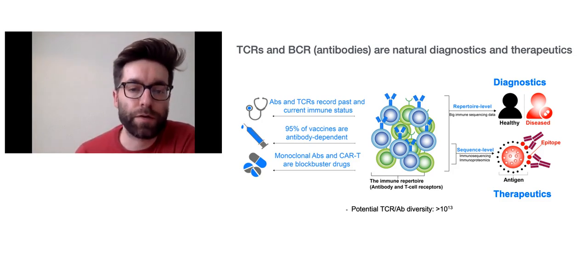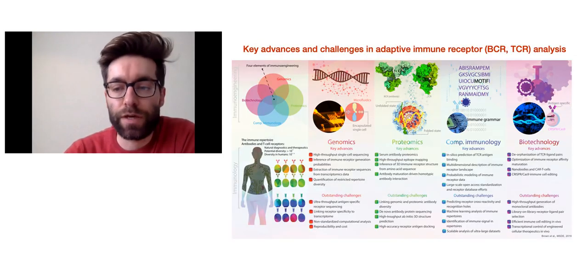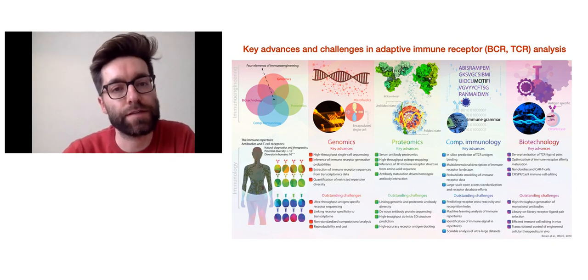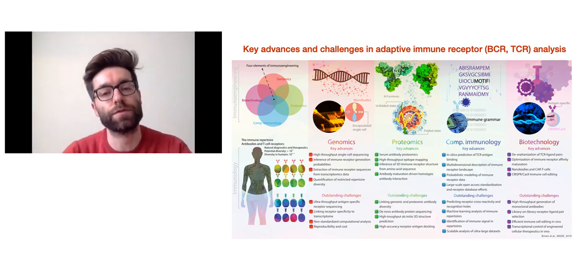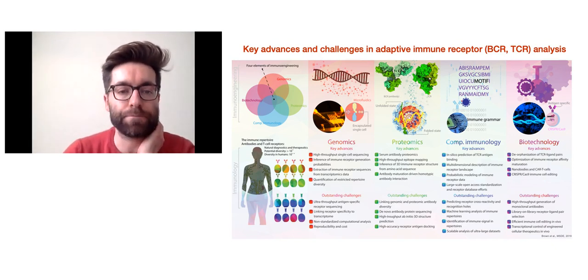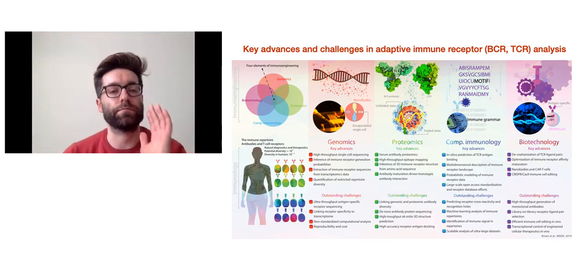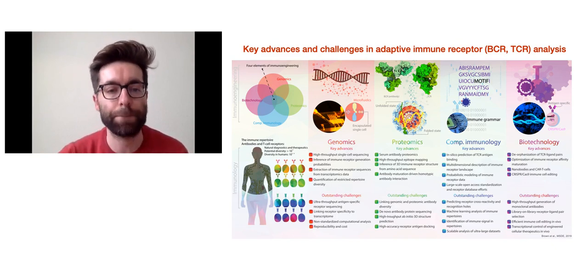One complicating factor about the adaptive immune receptor repertoire is that the diversity is huge, larger than 10 to the 13. We have recently summarized key advances and challenges of immune receptor analysis. Over the last decade, since immune receptor research started a bit more than 10 years ago, there has been a lot of progress on each of those major blocks, which are genomics, going to proteomics, computational immunology, and biotechnology.